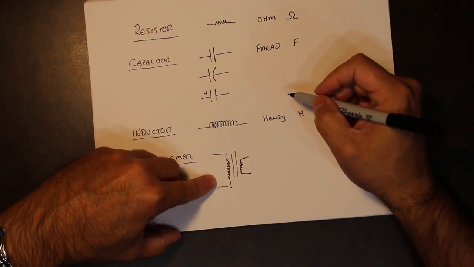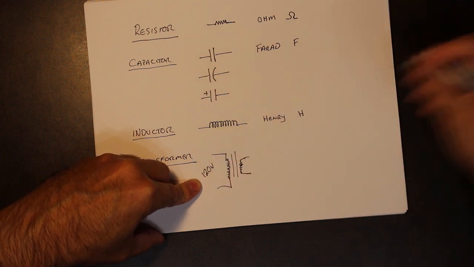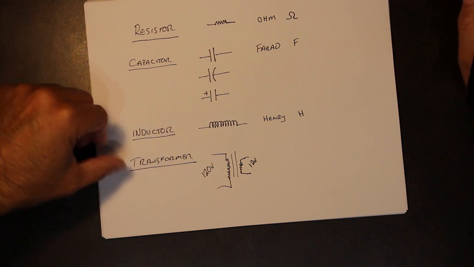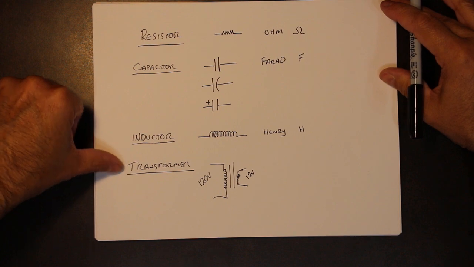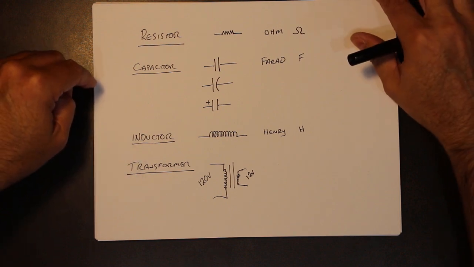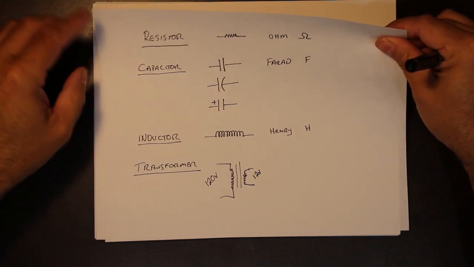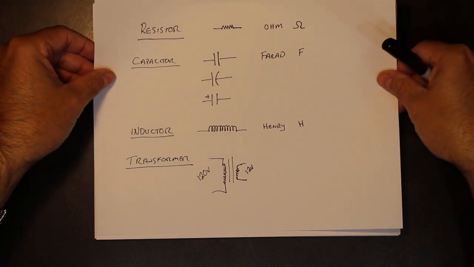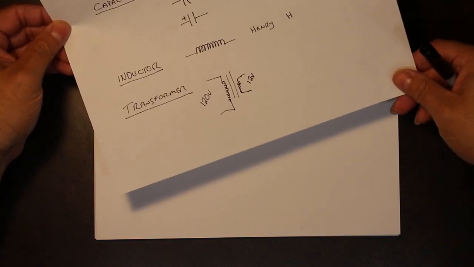And its job is to take one level of voltage and change it to another level of voltage. And again, you're going to do a bunch of studying on different transformers and how they work. So all of the different transformers like Optimus Prime and Bumblebee, etc. So basic components: resistor, capacitor, inductor, transformer.